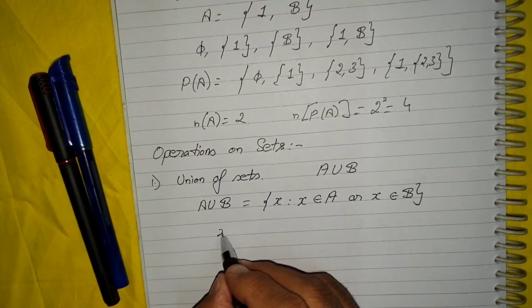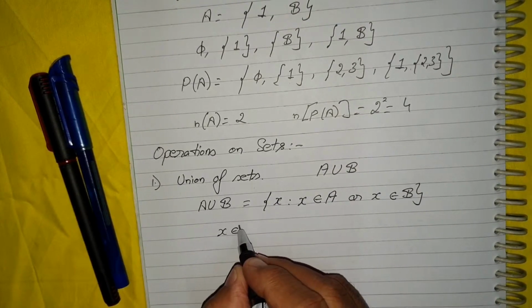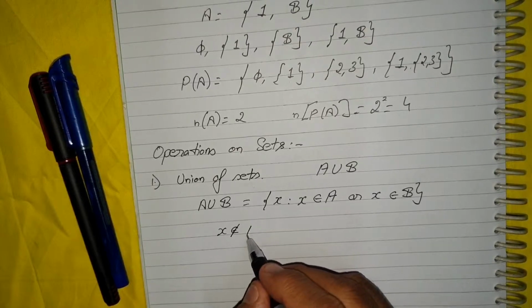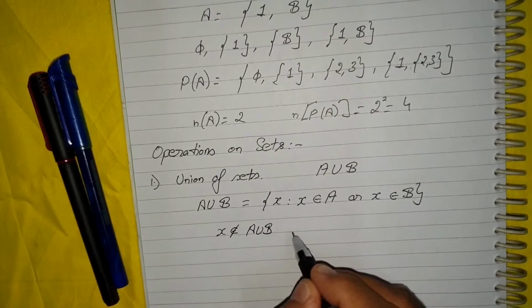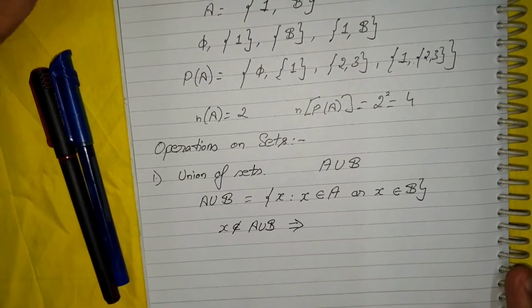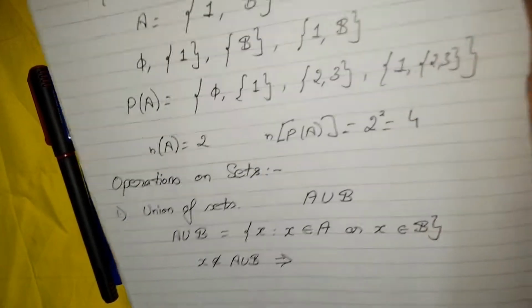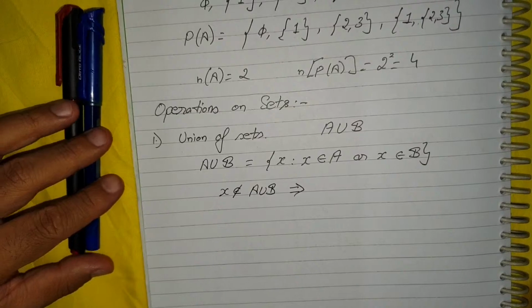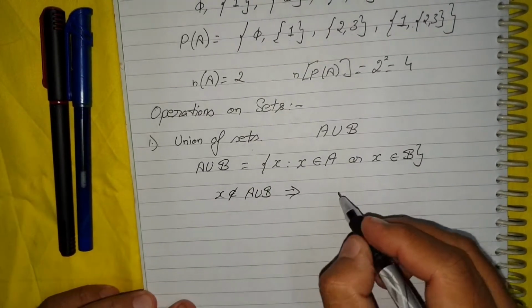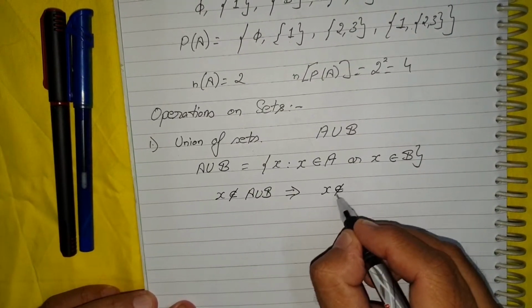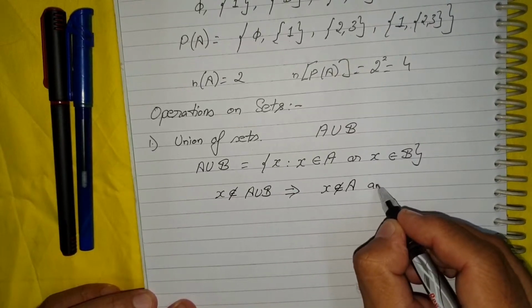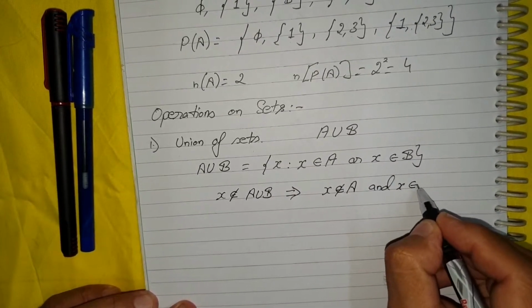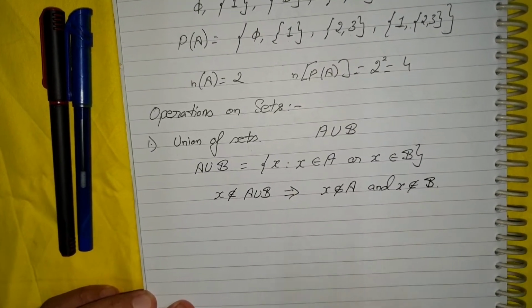And if x doesn't belong to A union B, this implies that x doesn't belong to A and x doesn't belong to B.